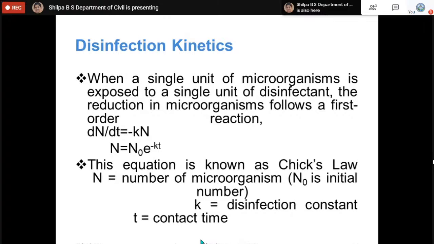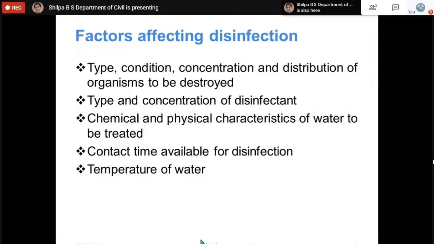Okay, according to this, N is the number of organisms and N naught is the initial number of organisms that is present before the disinfection process, and K is the disinfection constant, which depends on the nature of the disinfectant, and t is the contact time. Okay, using this kinetics, we can know how the action of that disinfectant will take place on the microbes.